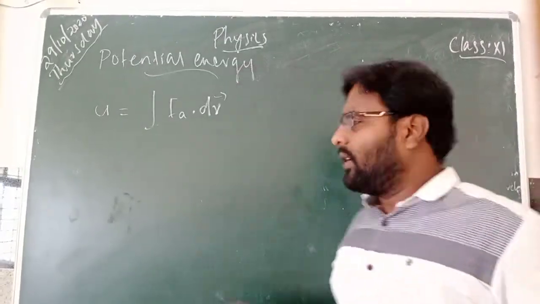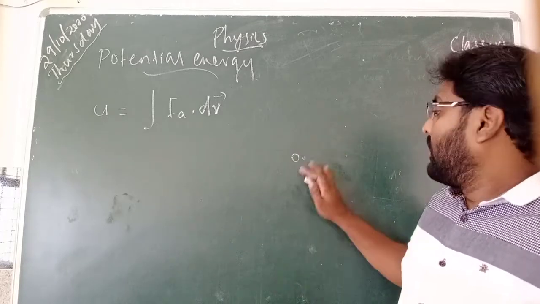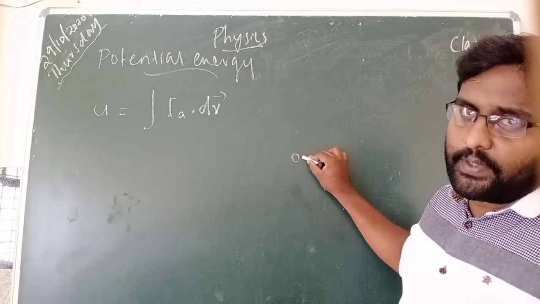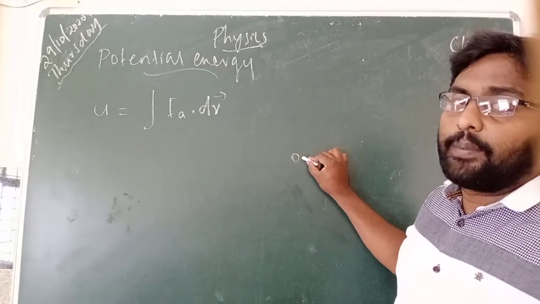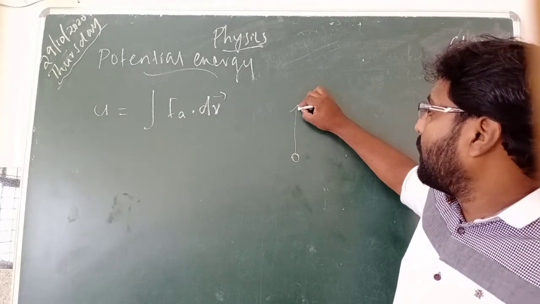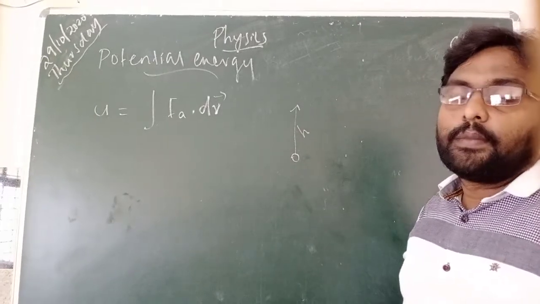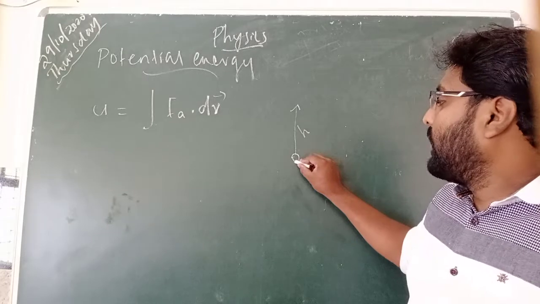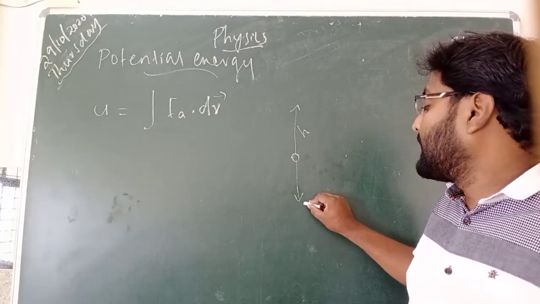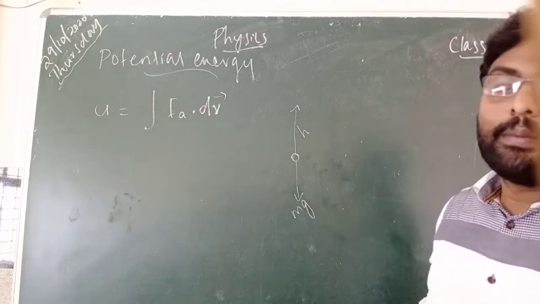Now assume that one object is near the earth surface. This object is lifted upward for a height h. So when an object is near the earth surface, there is a gravitational force, mg, which is acting.